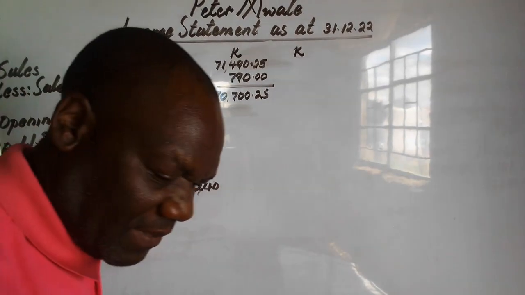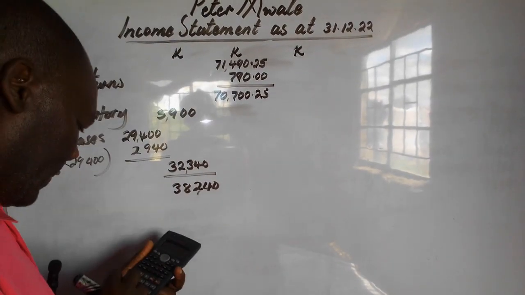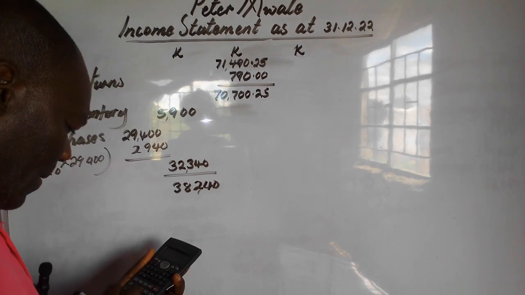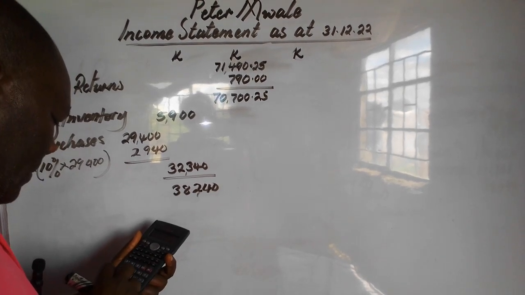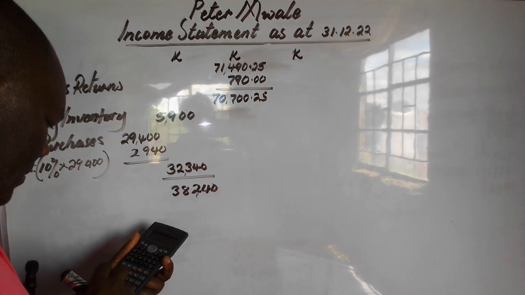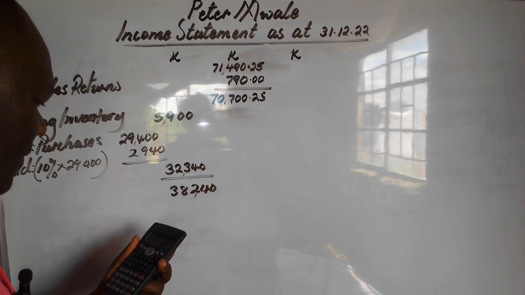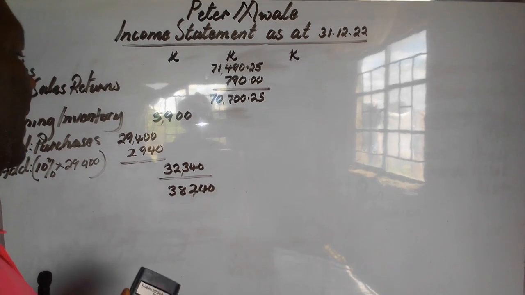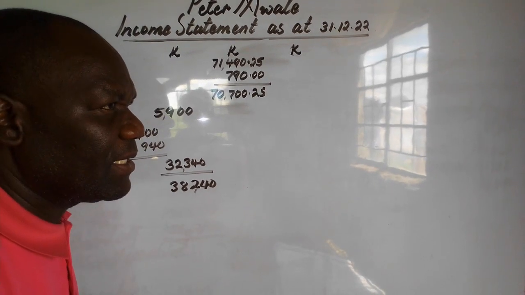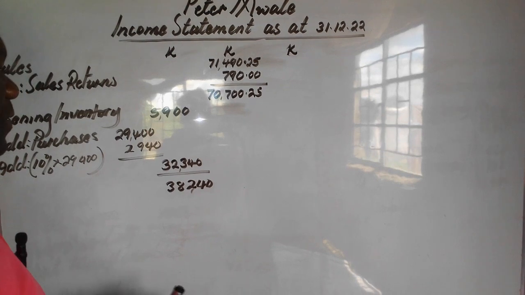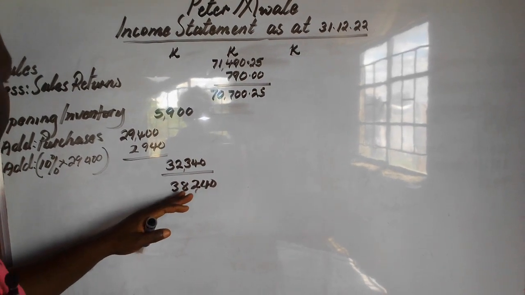Let me verify it. I'm verifying. 32,340. Okay, yes, exactly. This is what I've gotten. So I have this one.